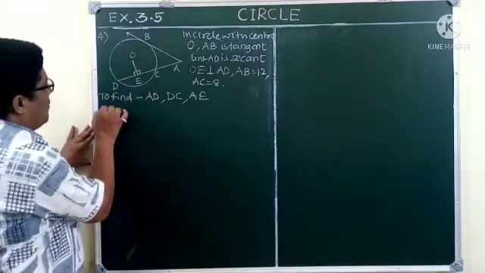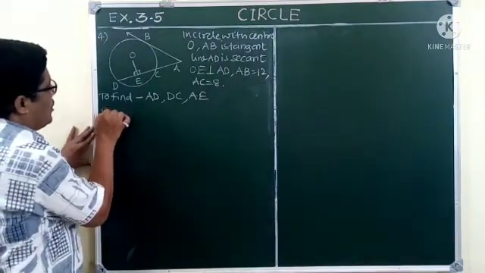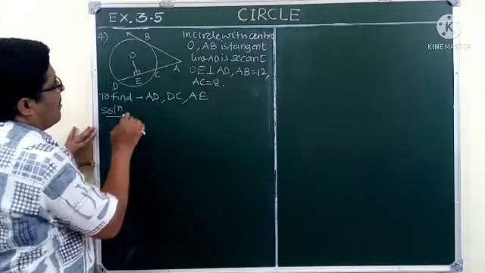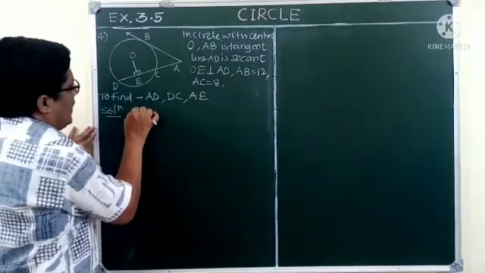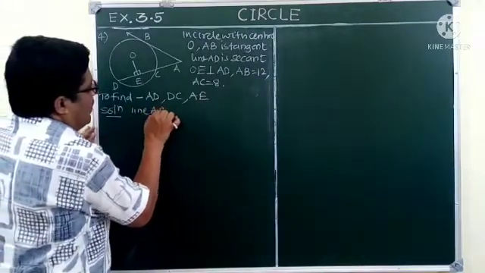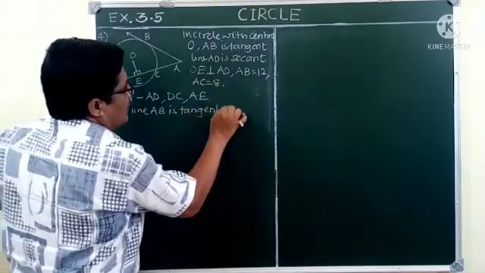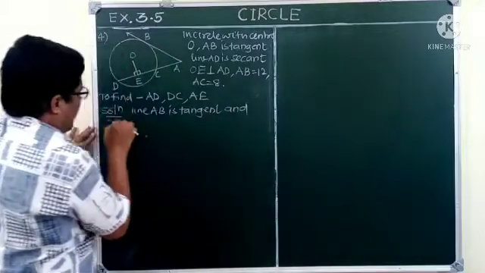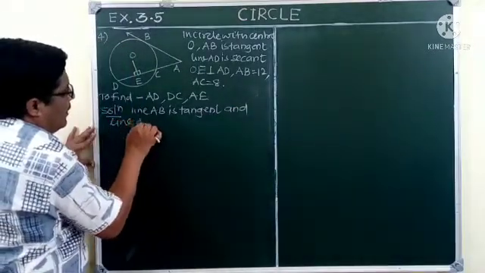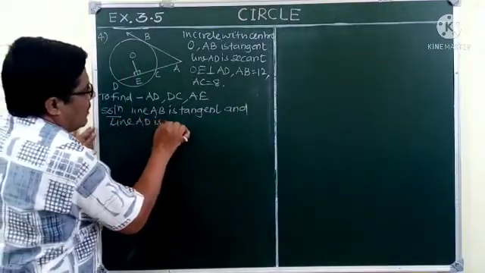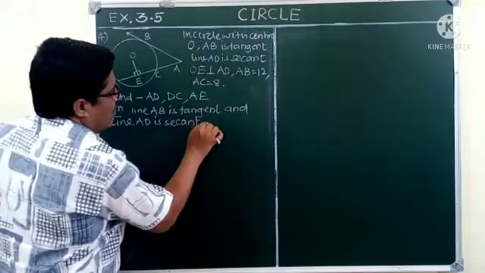So here, solution: line AB is tangent and line AD is secant.